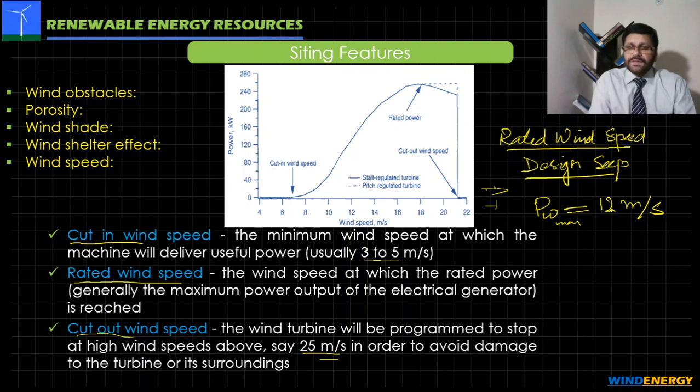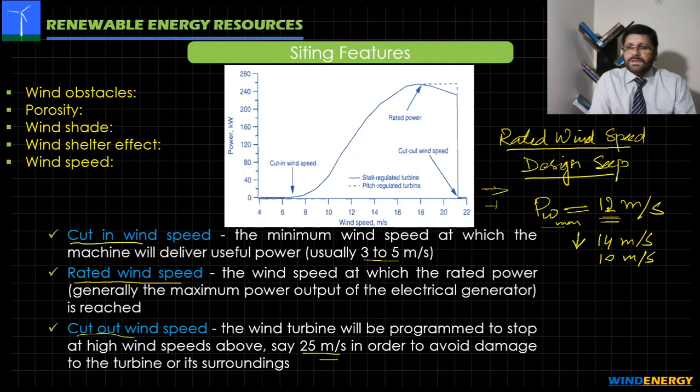So this is the design speed, and we know that the wind velocity is not going to remain the same. It may go to 14 meter per second or it may drop to 10 meter per second. If there is an increase in the wind velocity, say the speed of the wind is increased by 2 meter per second to a total of 14 meter per second, the power output is going to drop.